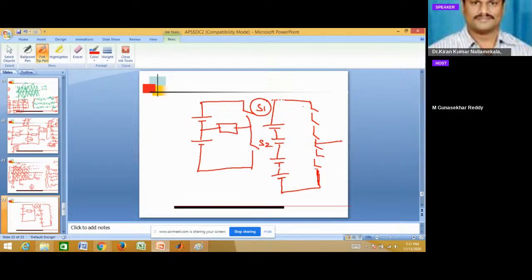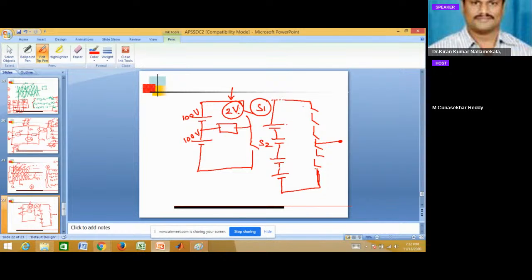Here somewhere you have a load terminal. Here, what is the voltage rating of this switch? 2V. The voltage rating of the switch is 2V. We did the detailed analysis in the last class. If the input voltages are 100 volts and 100 volts, the voltage here is 2V, that means 200 volts.